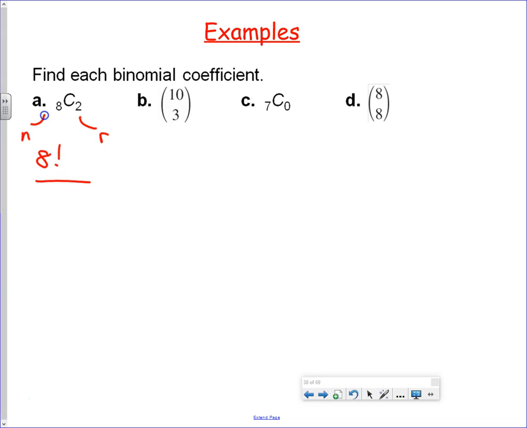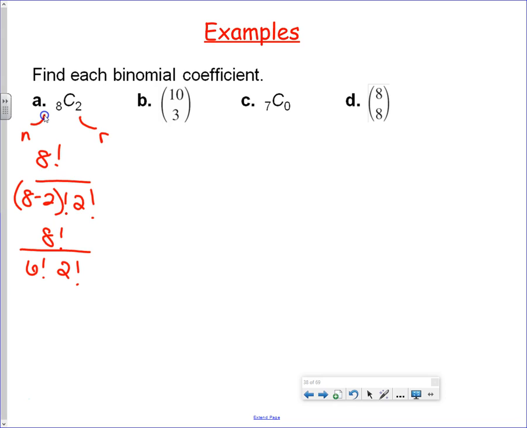8 factorial all over, what is it? N factorial all over n minus 2 factorial times 2 factorial? Cool. Can't you simplify that to be 8 factorial all over 6 factorial times 2 factorial?